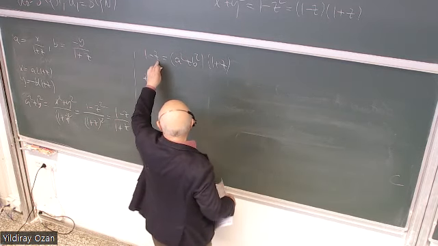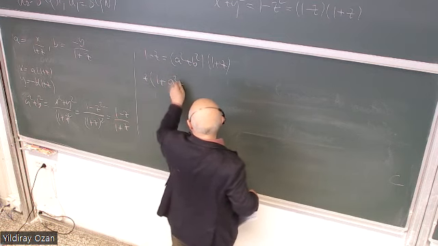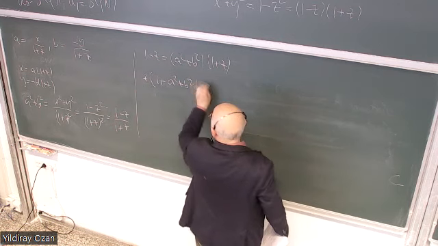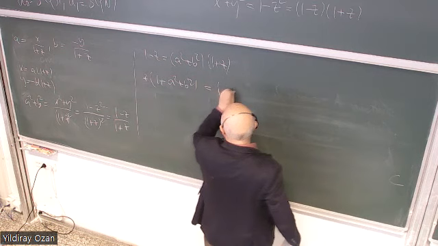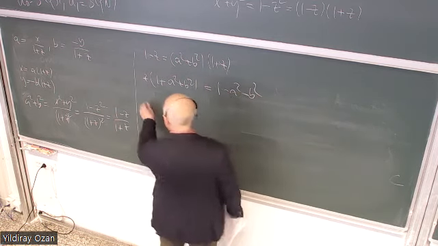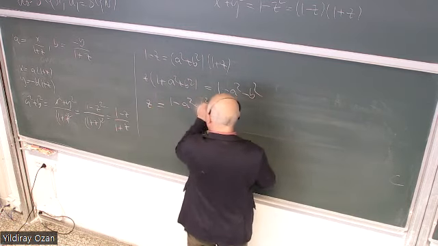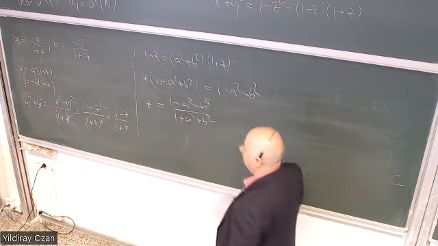So z times 1 plus a squared plus b squared equals 1 minus a squared minus b squared. So z is 1 minus a squared minus b squared over 1 plus a squared plus b squared.